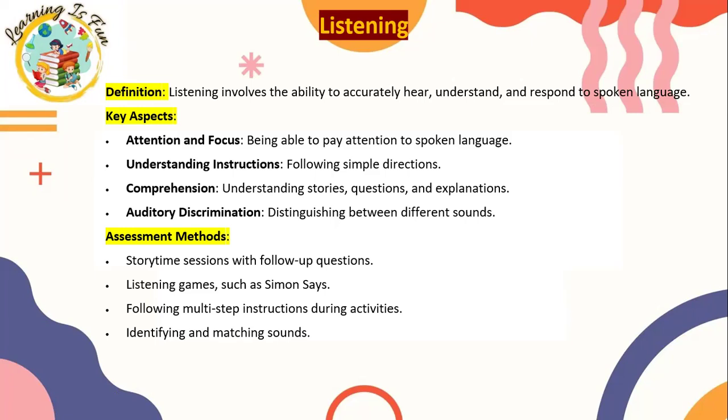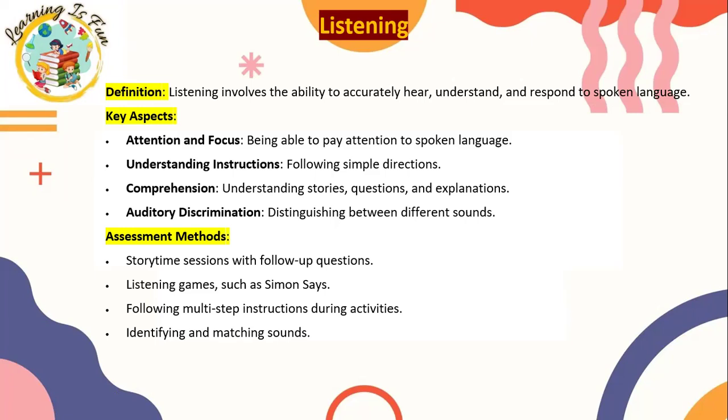Then auditory discrimination. Sometimes the child has difficulty discriminating two sounds and even the letter formations, especially for B and D. Mostly the children are confused in these two letters, even at a later stage. Even when they come into the grades, they still struggle with that.